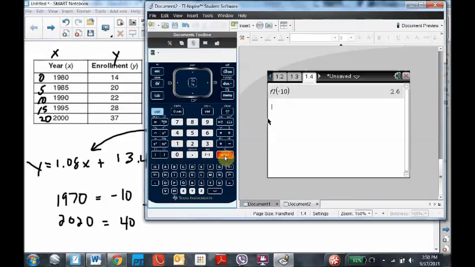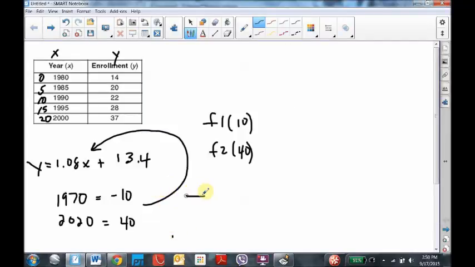All right, gives me 2.6. Enrollment would be 2.6 in 1970. And if I did F1 of 40, enrollment would be 56.6. All right, so in 1970 it would be 2.6, and this was 56.6.